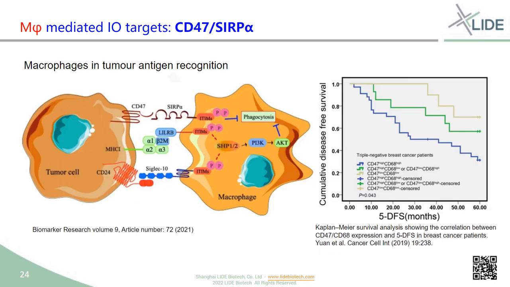And recently, the CD47 SIRP-alpha pathway was identified as a key innate immune checkpoint.